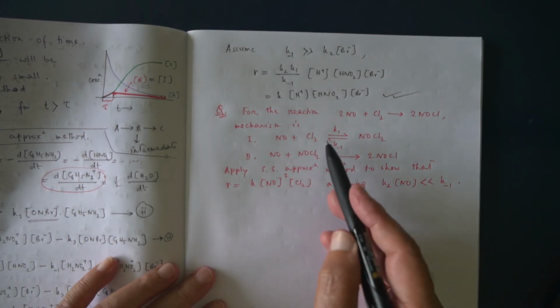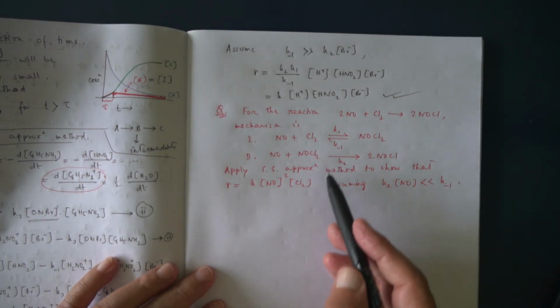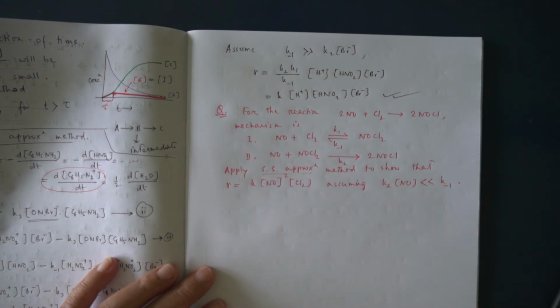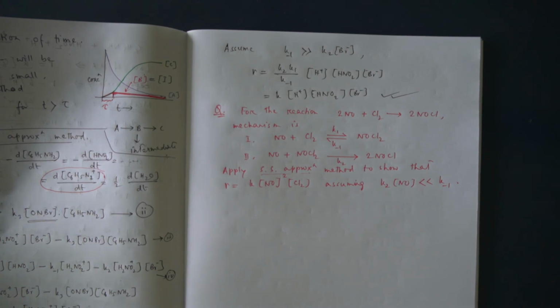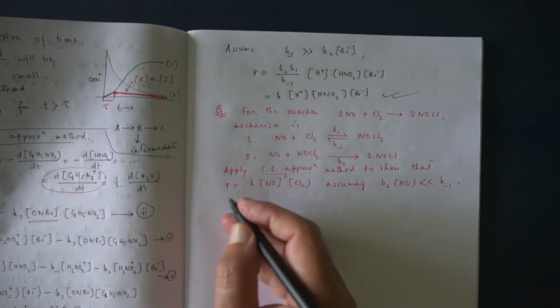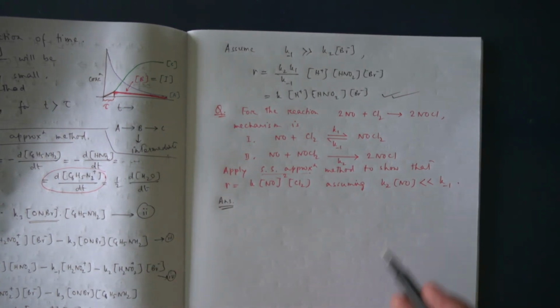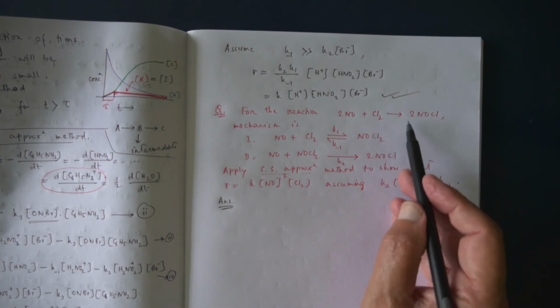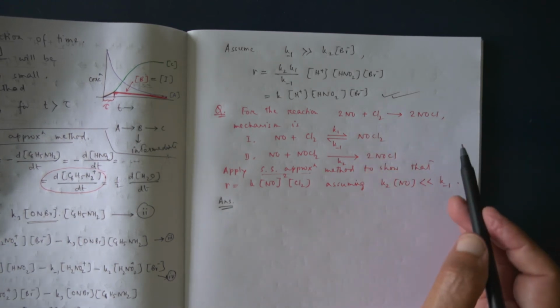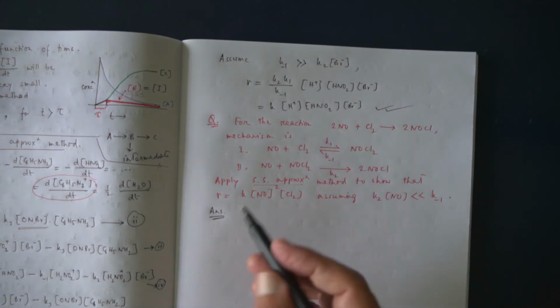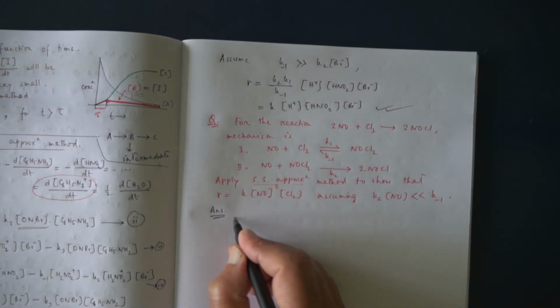The mechanism has been given and you have been asked to apply the steady state approximation method. Now, how to do it? What is the rate of this reaction according to the definition?